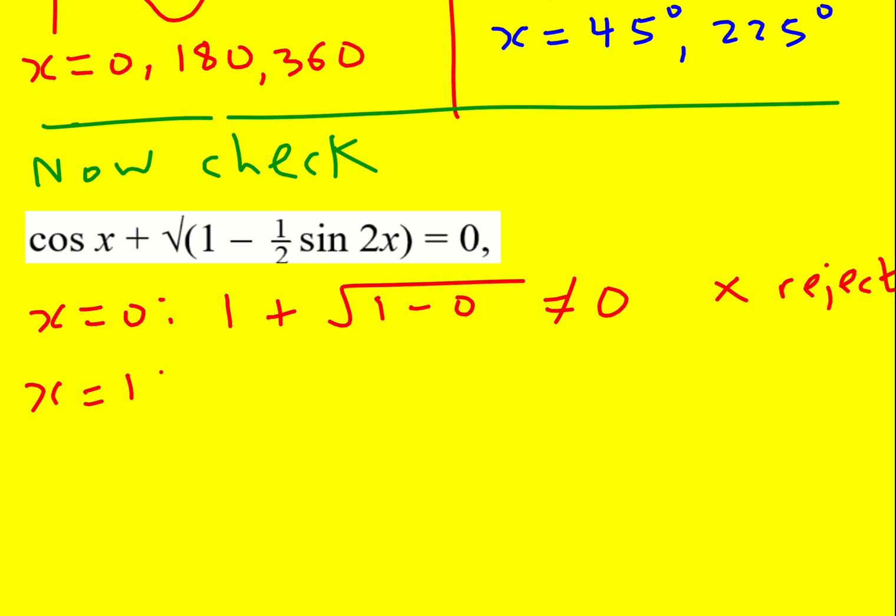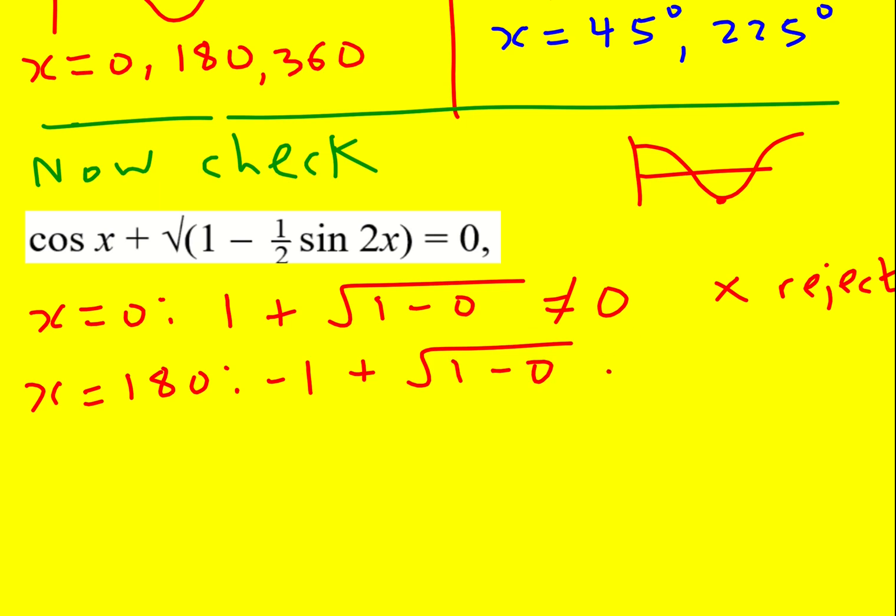x equals 180 is the next one. Now cos of 180 is actually minus 1. So minus 1 plus the square root of 1 minus a half sine of 360. Now sine of 360 is 0 again, so this time it's minus 1 plus 1, it is 0.